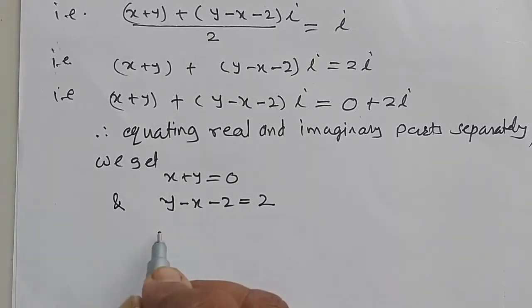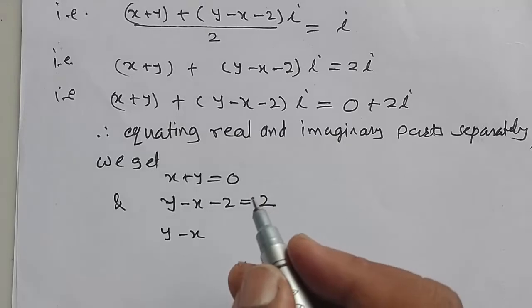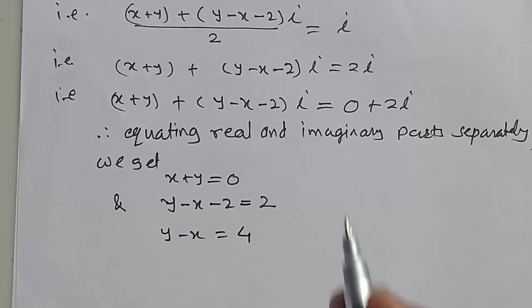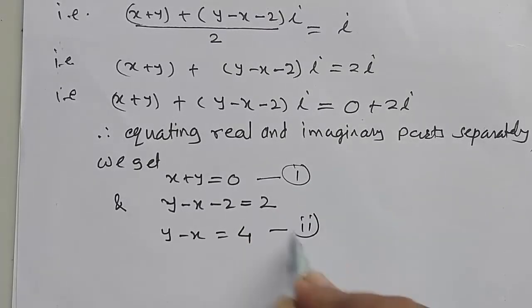Simplifying the second equation, taking 2 to the right hand side, it becomes 2 + 2, which is 4. So this is equation number 1 and this is equation number 2.